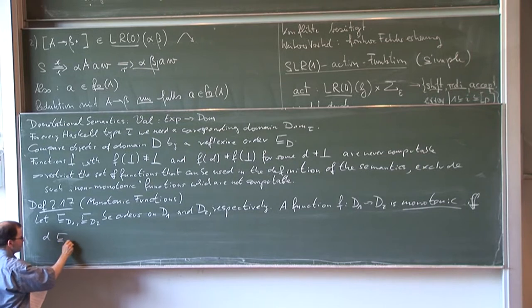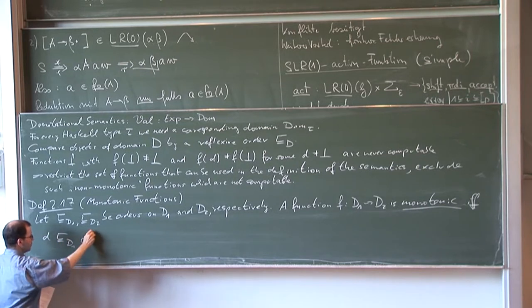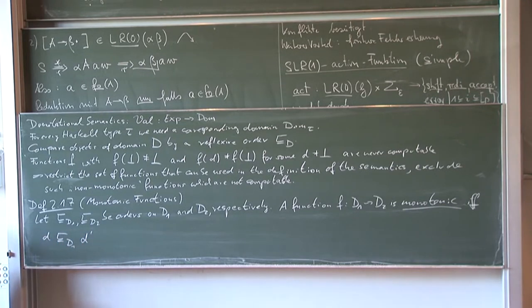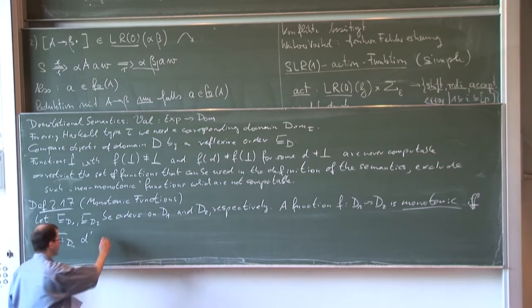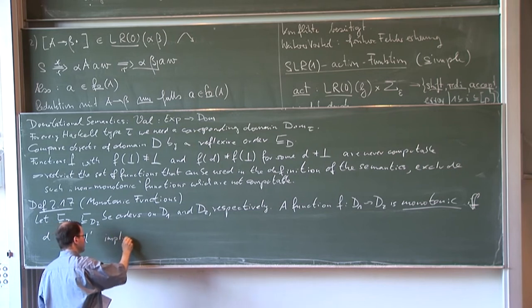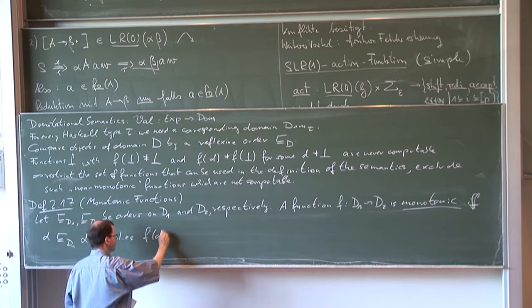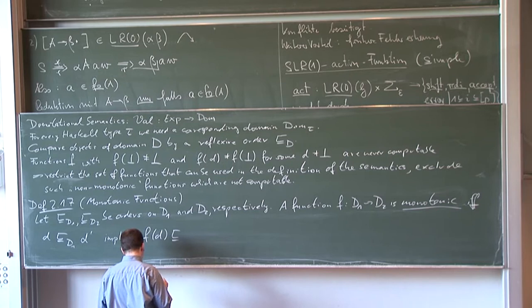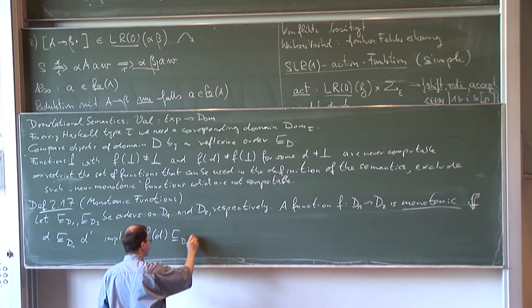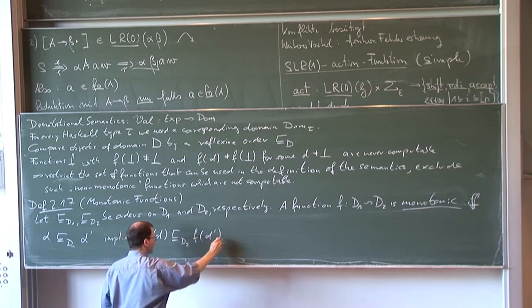If D is less than or equal to D prime, then this must imply f of D is less than or equal to f of D prime.